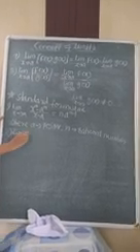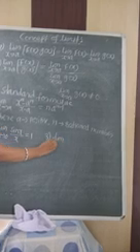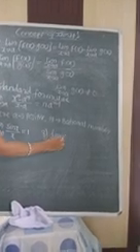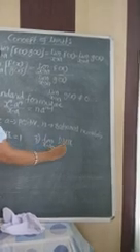Second formula, limit x tends to 0, sin x by x equals 1. Third one is limit x tends to 0, tan x by x equals 1.